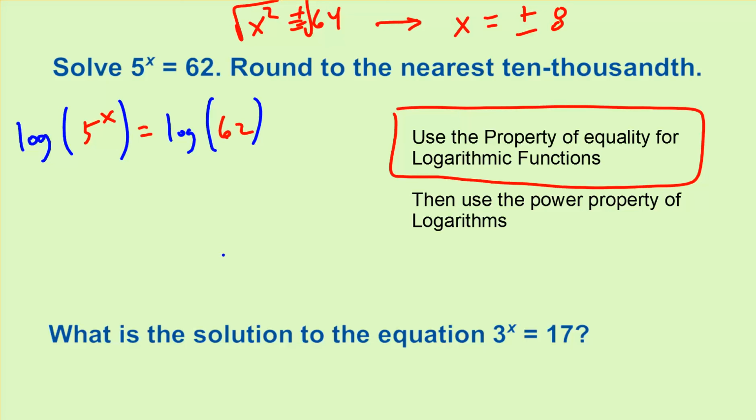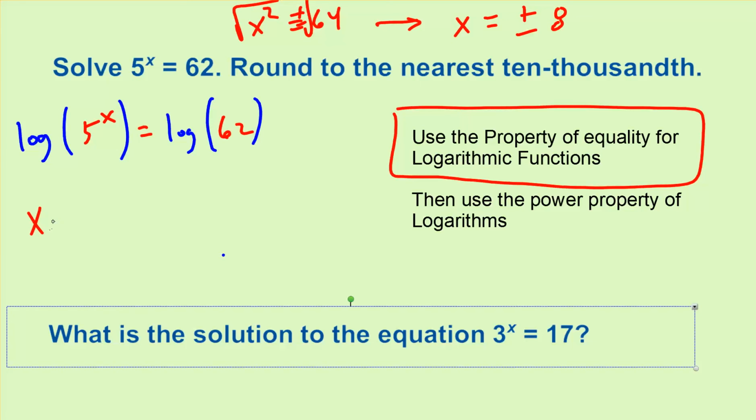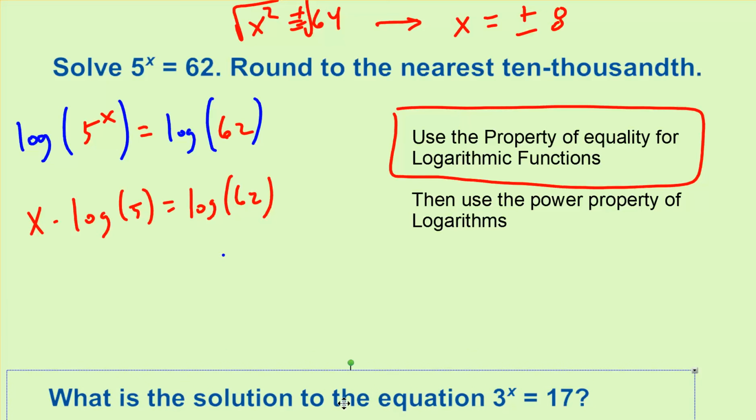And so then this becomes x times log of 5, which equals log of 62, and now I'm solving for x, and so you guessed it, I am going to divide each side by log of 5.